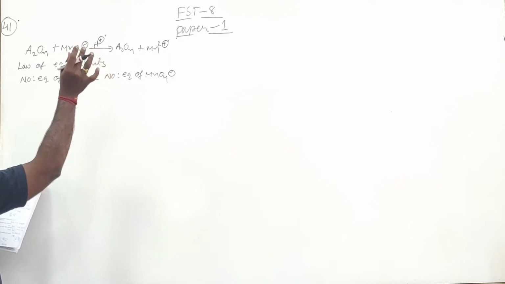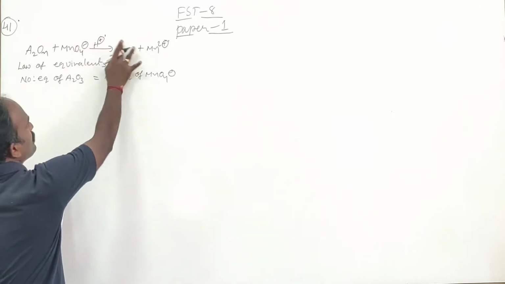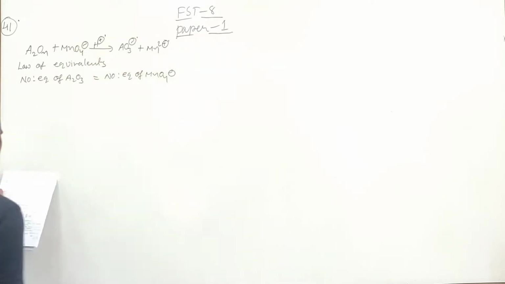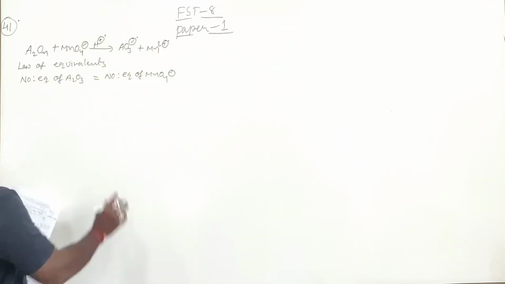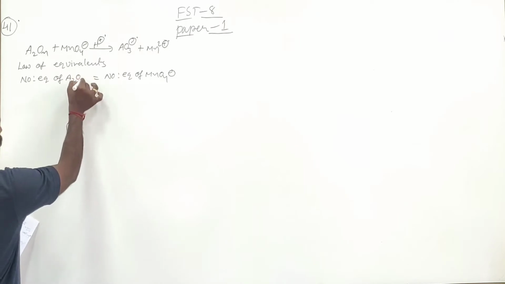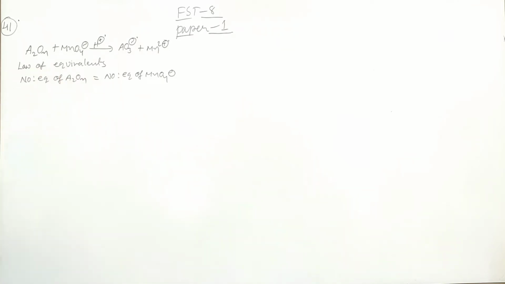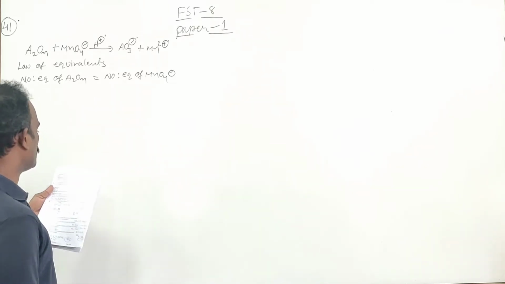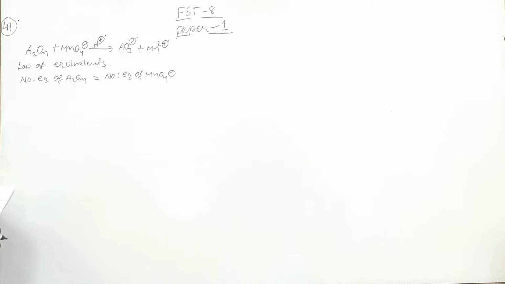A2ON is oxidized to AO3 minus. The number of equivalents of A2ON equals the number of equivalents of MnO4 minus, and it is oxidizing A2ON. Now 1.5 into 10 power minus 3 moles of A2ON requires 60 ml of 0.03 molar KMnO4.